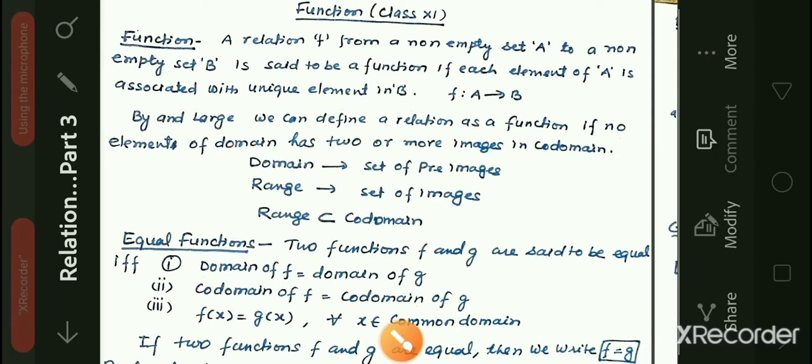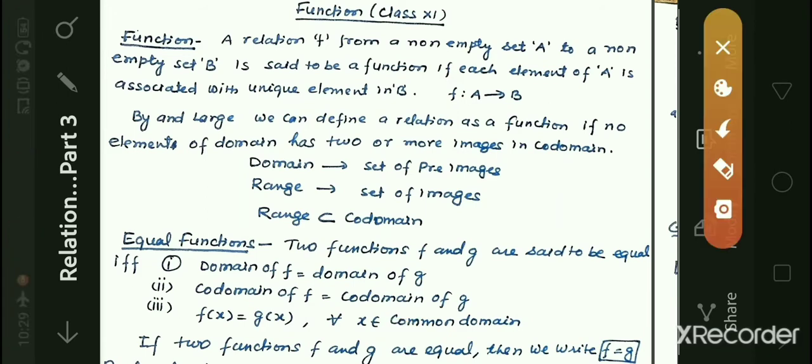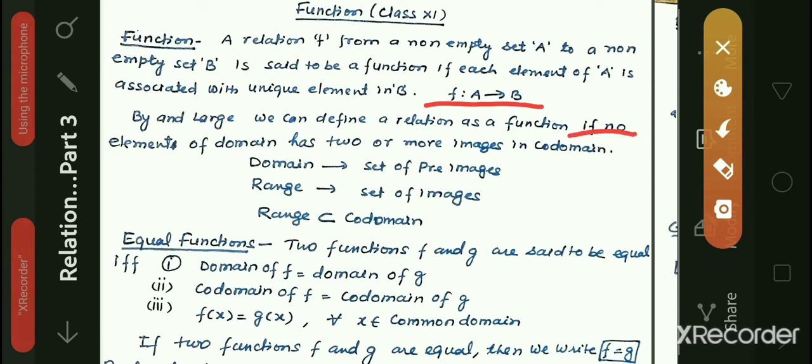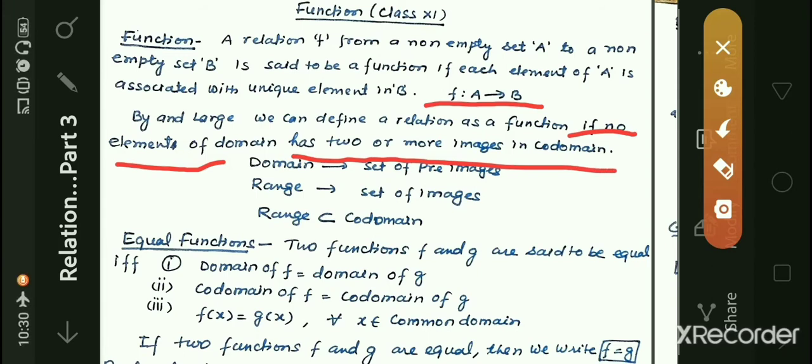Now, symbolically we write f such that A to B. To simplify this definition, by and large we can understand a relation as a function if no element of the domain has two or more images in the codomain. The same thing is said here, but the language is different; both convey the same meaning.